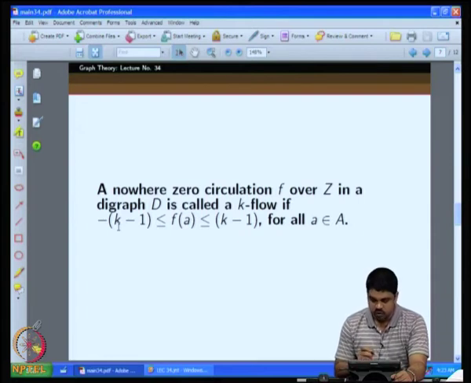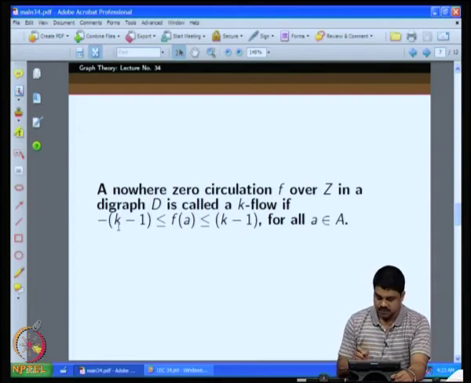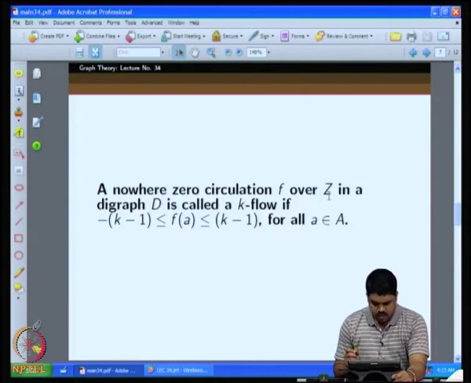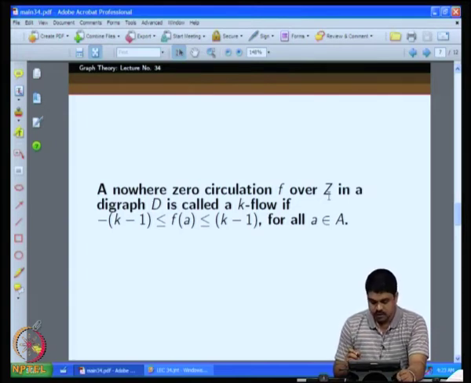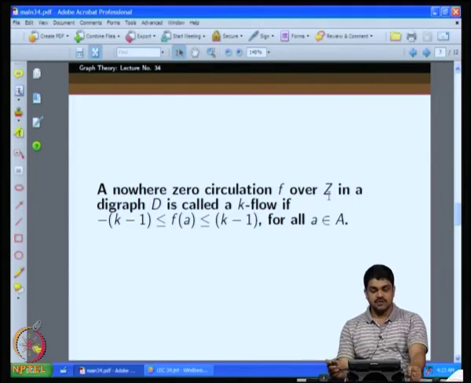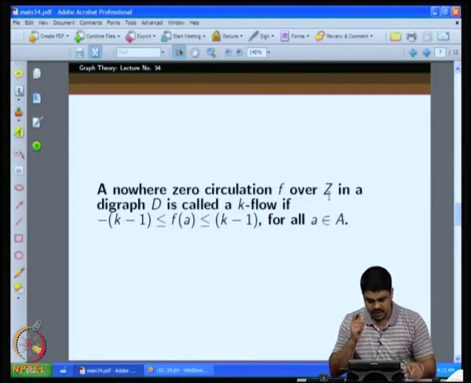So, all the function values are to be from a set. For instance, if k equals 3, that is minus 2, minus 1, 1 or 2, these are the allowed values. For each arc, the value of the circulation should be minus 2, minus 1, 1 or 2. So, this is what a k flow is.